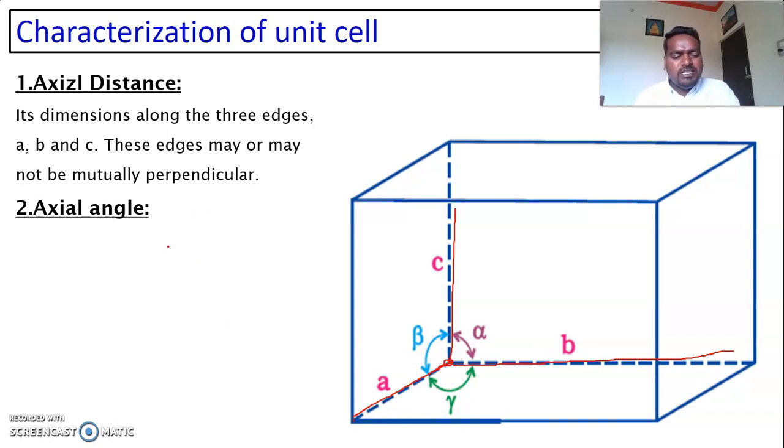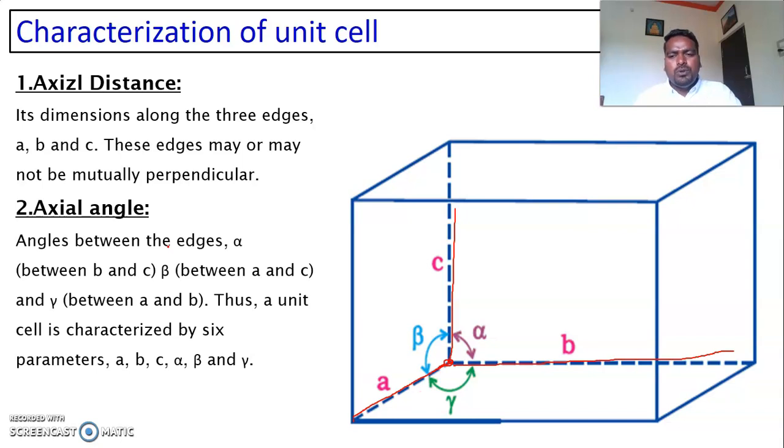Axial angle means the angle between any two faces, any two edges of a unit cell. For example, consider this is y, this is x and this is z.